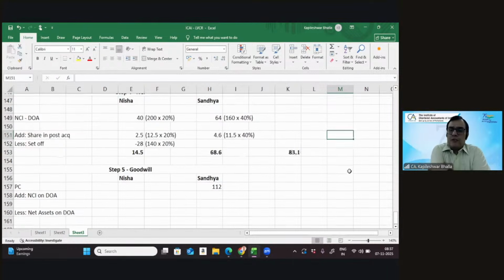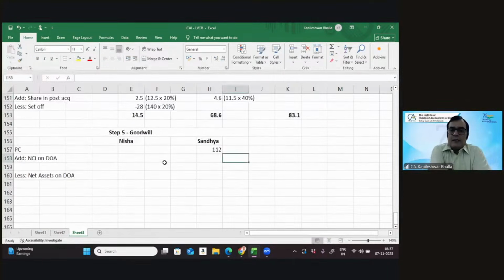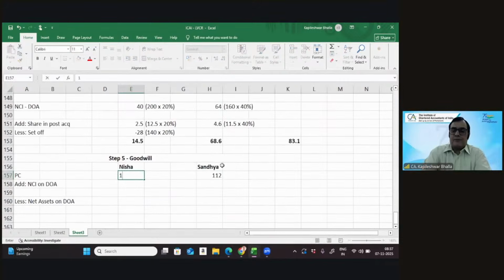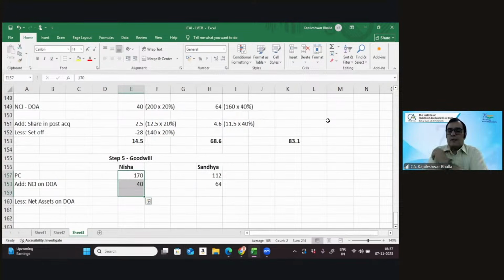Okay, let's proceed further. Now let's go to the calculation of goodwill. So we can see that I've already taken the PC to the extent of 80%. So what was the PC in Nisha? PC Nisha is 170. NCI on the date of acquisition, you can pick up 40 and 64. So we can get the total.